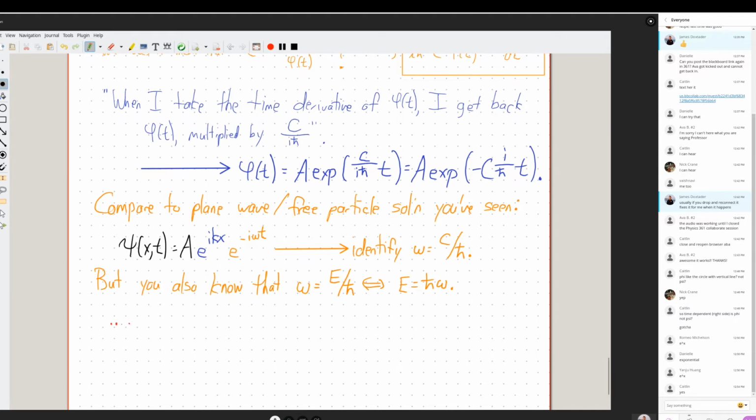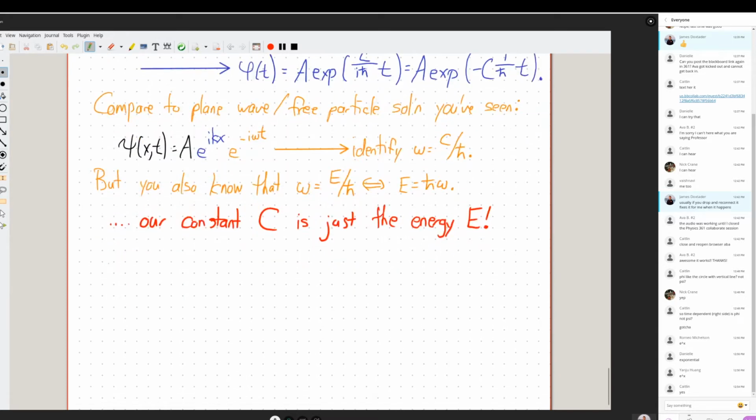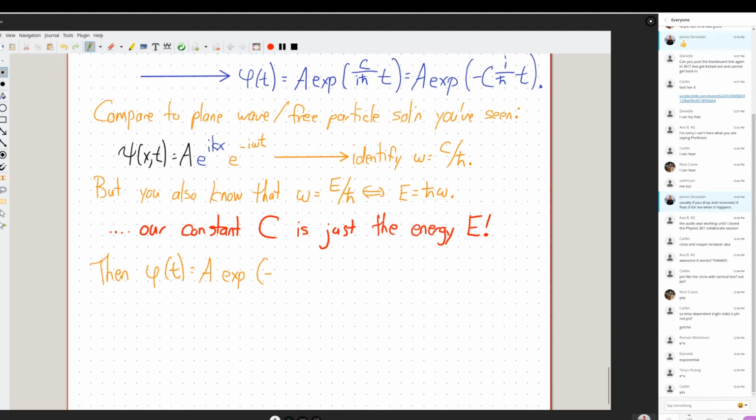This tells us our constant C is just the energy E. So using that knowledge that we've just found out, then phi of t becomes A exp minus i energy over h bar times t.